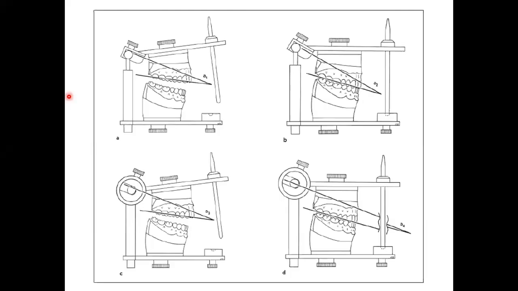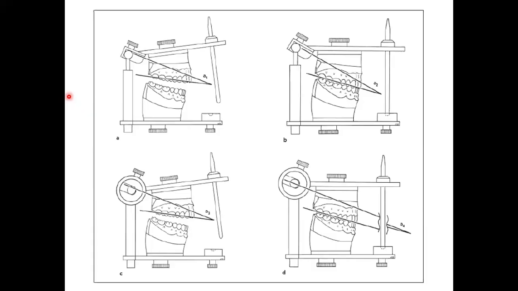If a patient has an existing canine guided occlusion and you are rehabilitating only one side of the patient's dentition, then it is ideal. Or if the patient is of young age, it is ideal to restore with a canine guided occlusion. If the patient has any mutilated condition, or the patient's age is more than 40 to 50, there you can go for a group function occlusion or a mutually protected one.